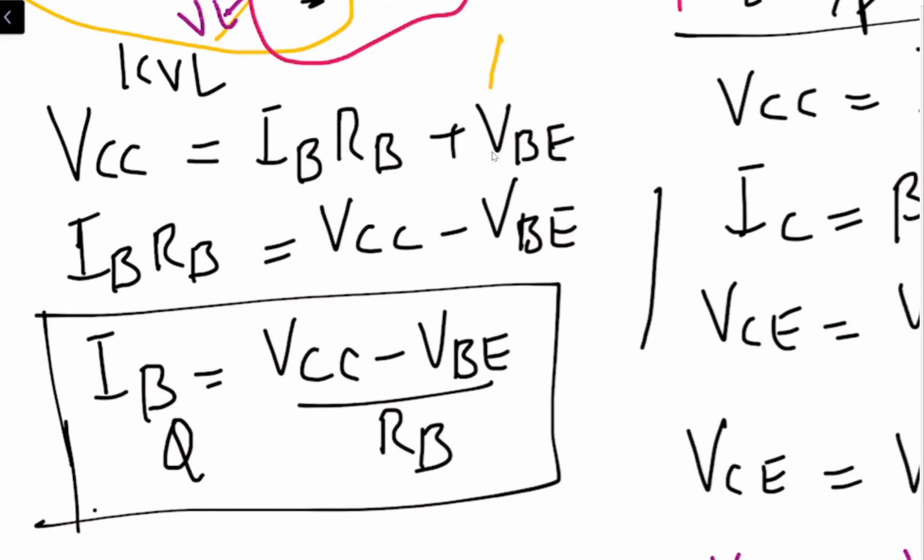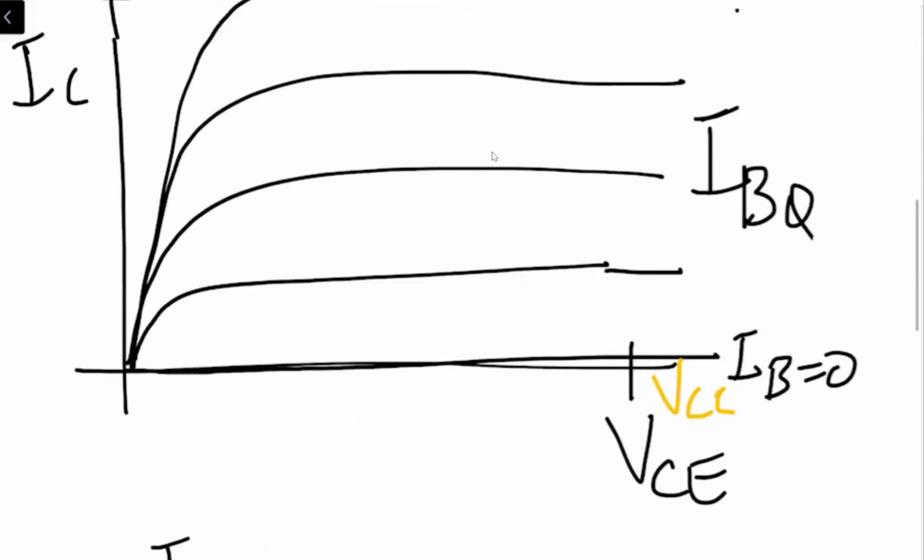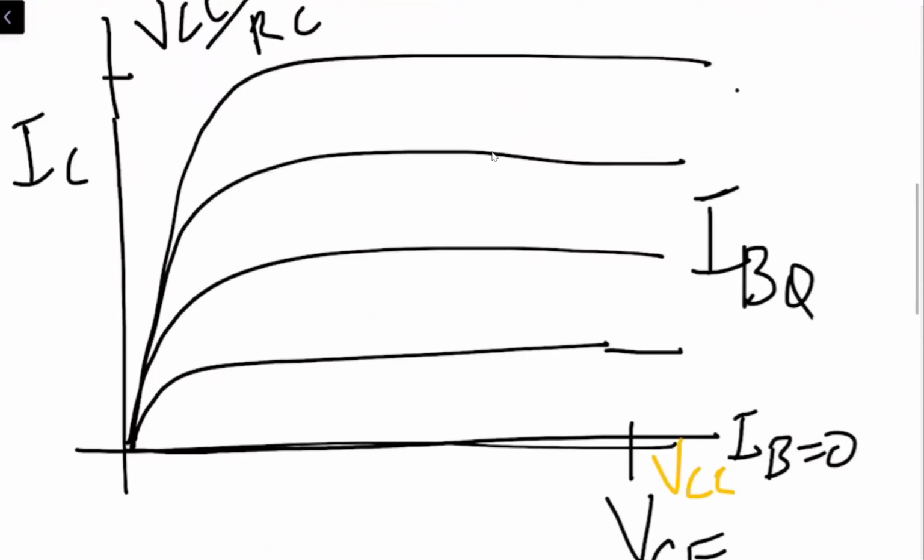Now this IBQ value is provided on the curve. I say this is IBQ over here, right? And I join the 2 points on the horizontal axis and the vertical axis.